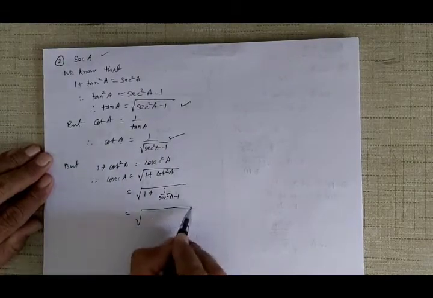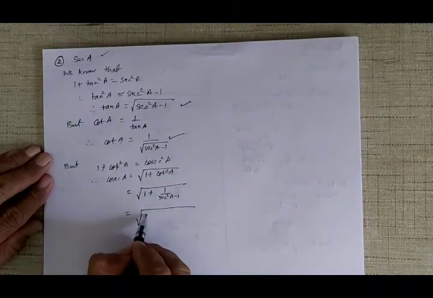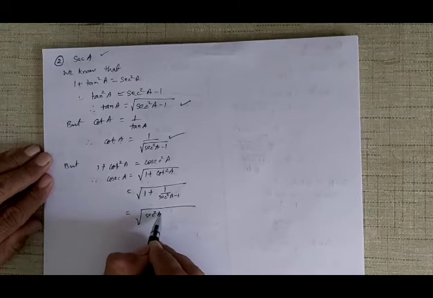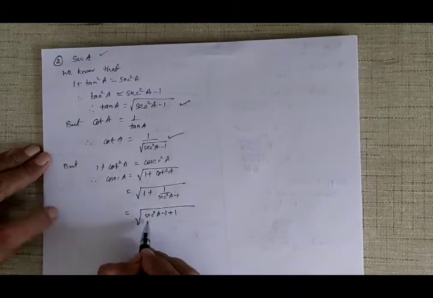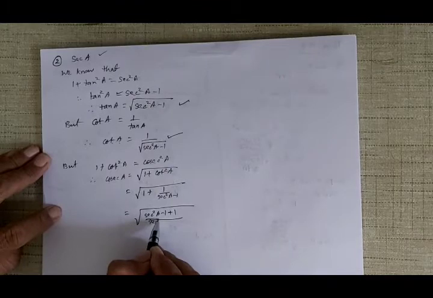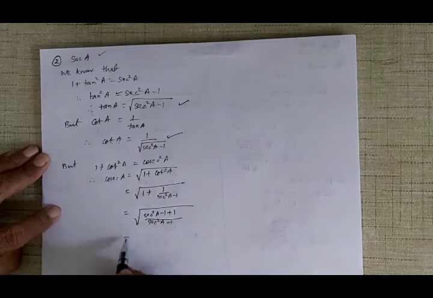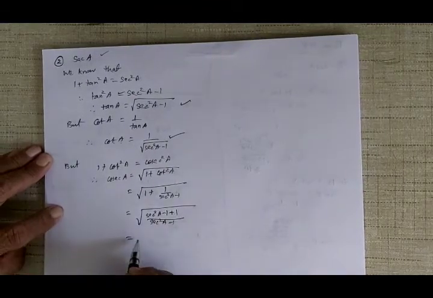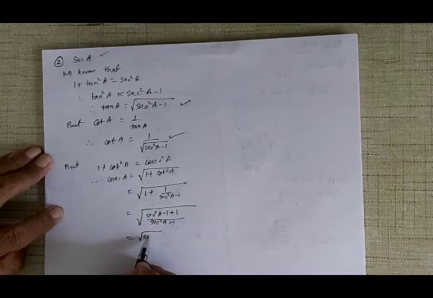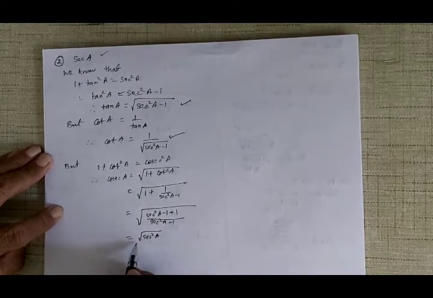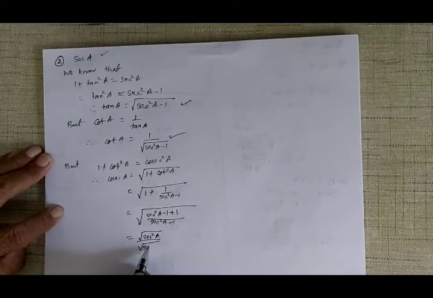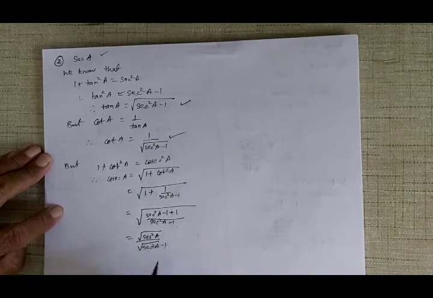So now, if I take sec square A into 1, it is sec square A minus 1 plus 1 upon sec square A minus 1. Minus 1 plus 1 will cancel out, and you will get square root of sec square A upon square root of sec square A minus 1.